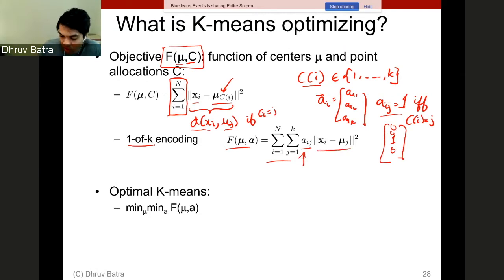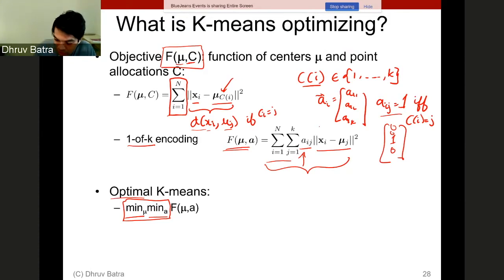With this formulation, k-means is basically coordinate descent. It's minimizing over mu, minimizing over a's, and it's just alternating between those two steps. And so this is the formal objective. This is a sum of distortion objective, and I call it distortion because you can relate this to compression.